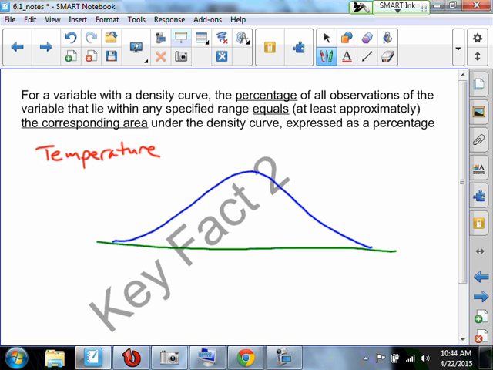And on a particular interval here, we have the temperature 62 degrees, and it goes up to under 63 degrees, okay?